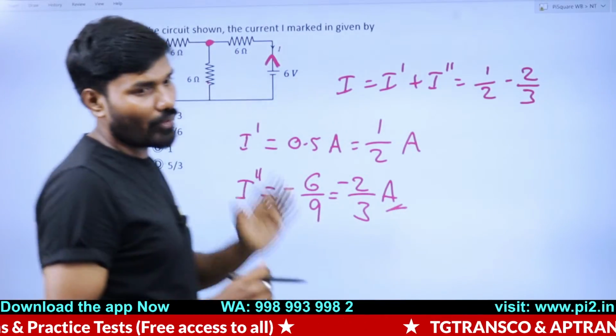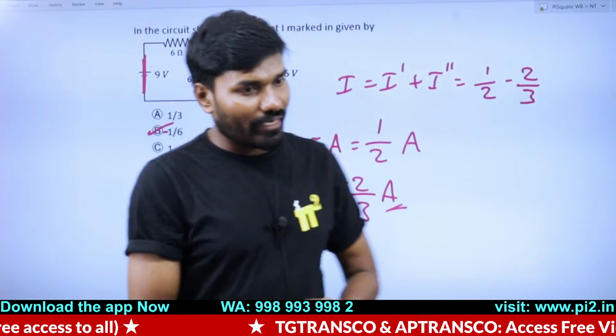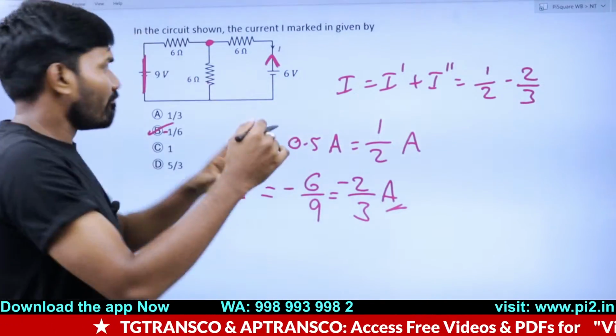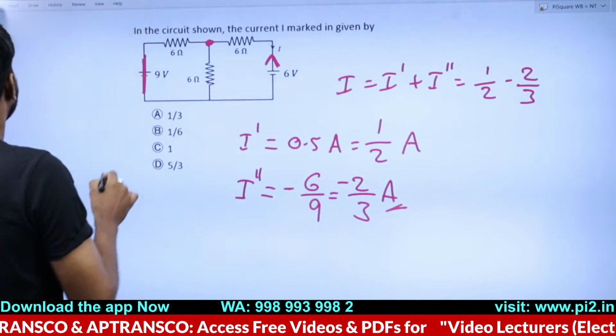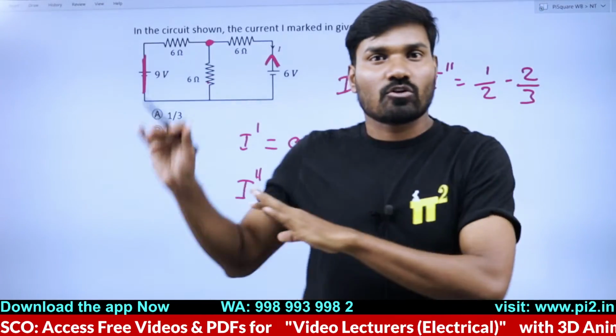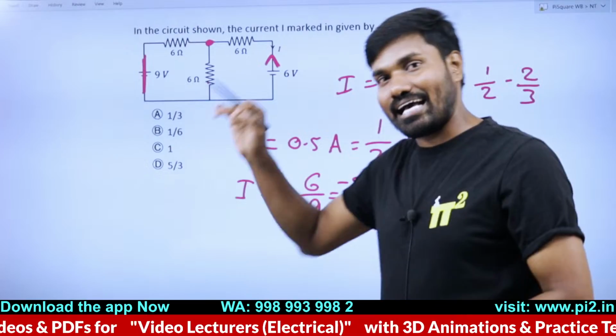This is one way to find the asked current. Suppose if the options in the exam are also given like this, none of these options is correct, because the minus sign has significance.